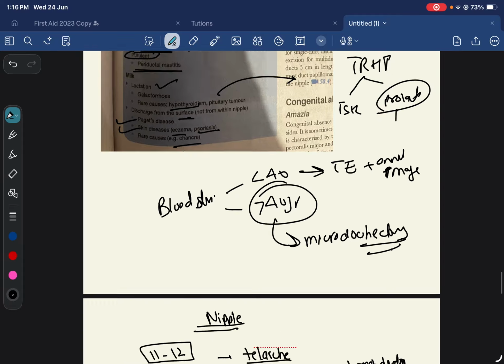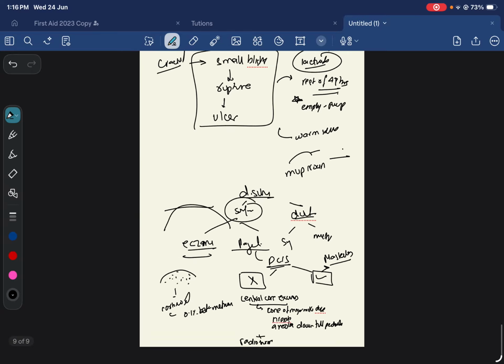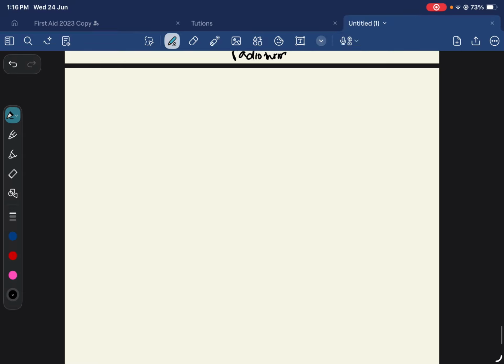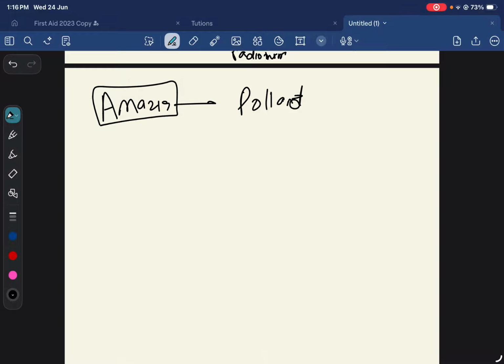Then there are other conditions regarding the nipple, that is going to be amastia. Amastia is absence of the nipple, which is also seen in Poland's syndrome. Sorry, the spelling is wrong. Poland syndrome is when there is also absence of the sternal portion of the pectoralis major.